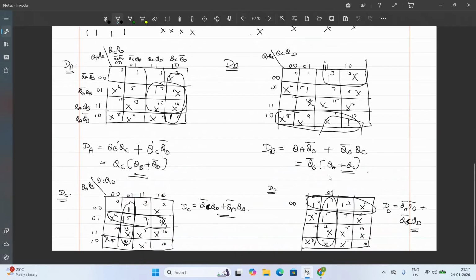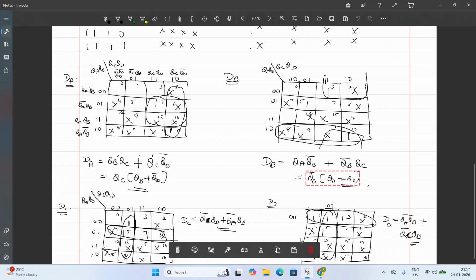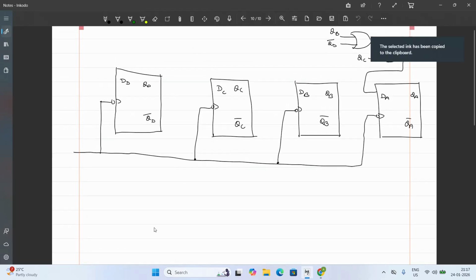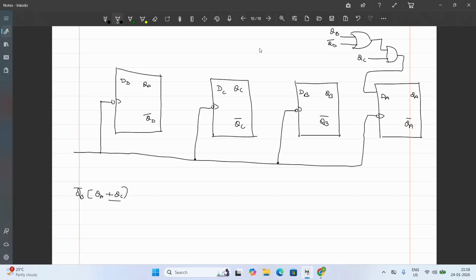Similarly, for DB, the equation is QB bar into QA plus QC.